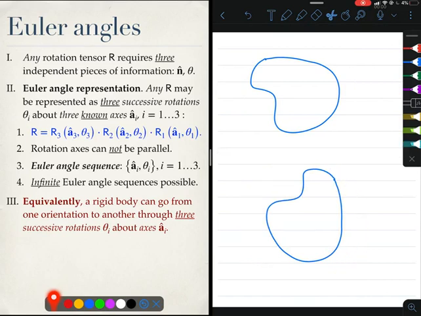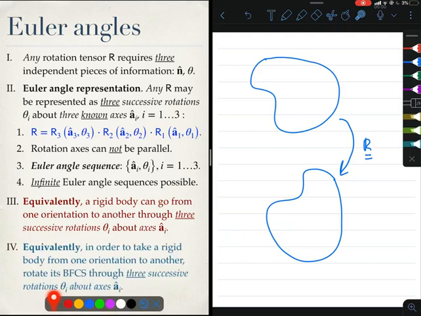Then because we have argued that this can be related by a rotation tensor, this rigid body can go from this orientation to that orientation through three successive rotations about three known axes a_i.